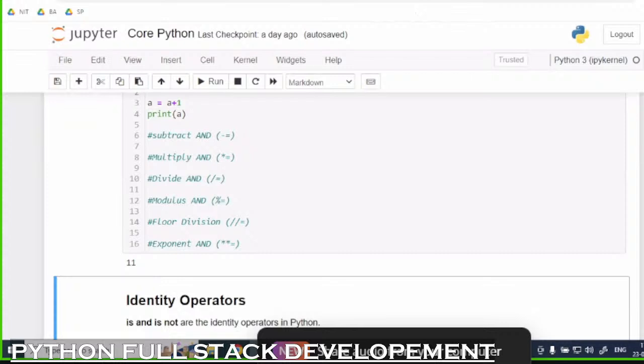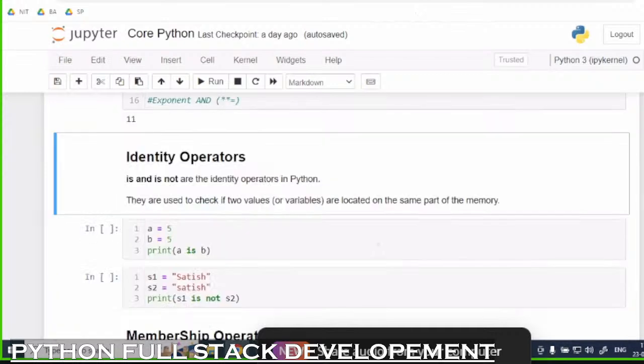The next one is called identity operators. Identity operators check whether both of them are the same or not. It is going to check the identity. If both of them are the same, both should be in the same memory. Same memory means same location. ID of A and ID of B should be the same. So here A is equal to 5 means 5 with A. B is equal to 5.